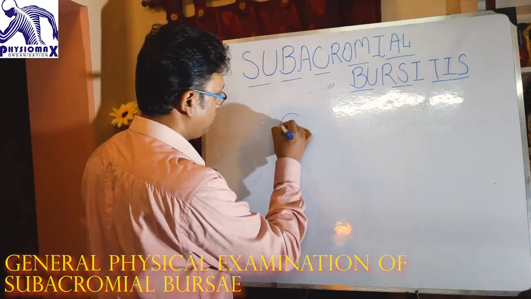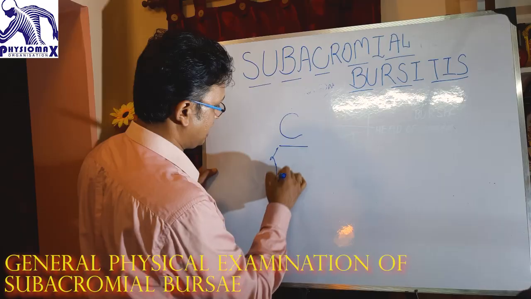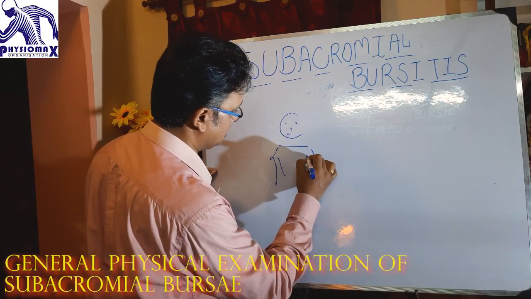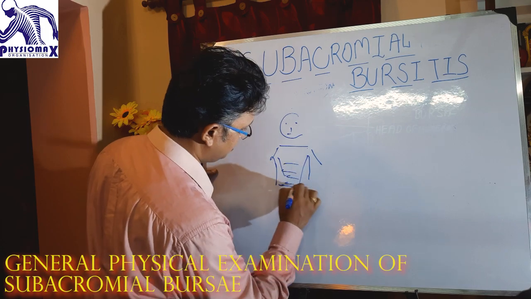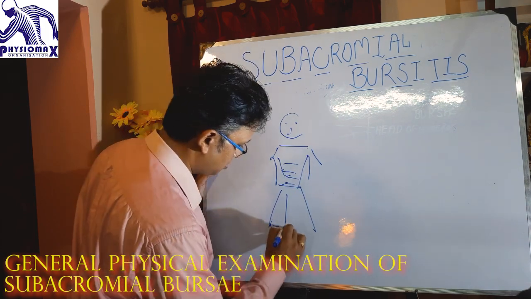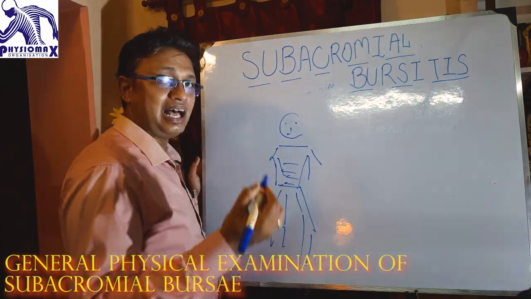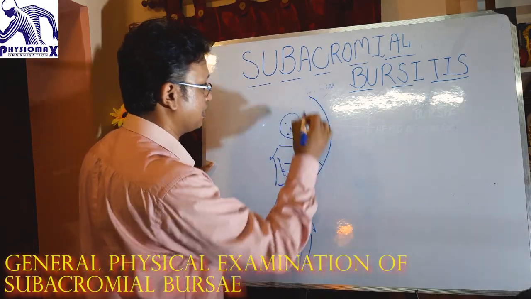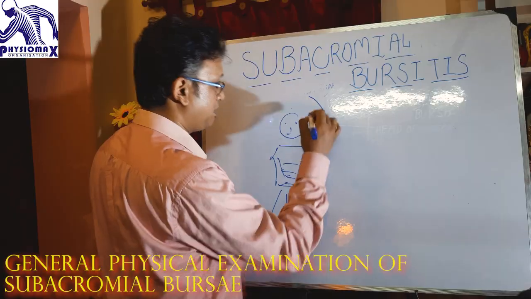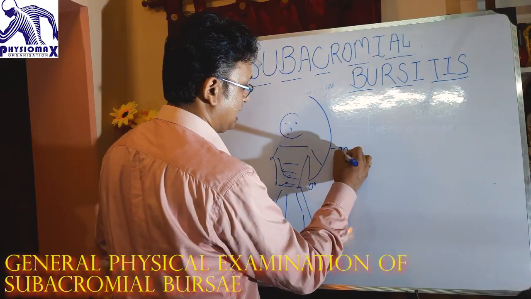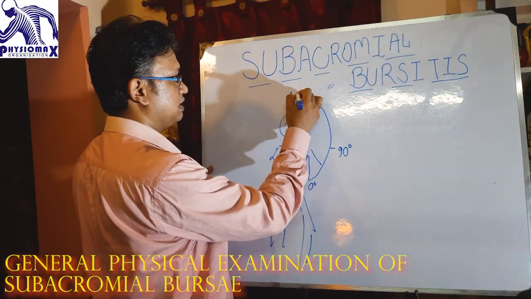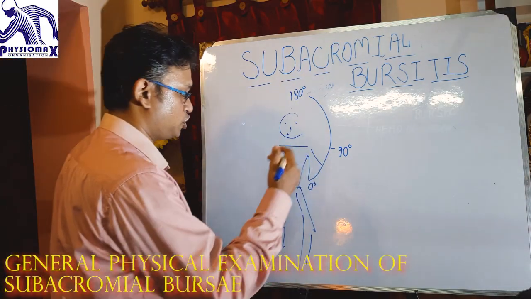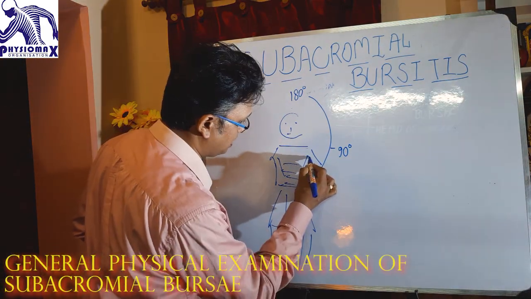To understand that, we'll make the patient stand in the anatomical position, and we will ask the patient to do an arc of 180 degrees. If I consider this as 0 degrees of abduction, this as 90 degrees of abduction, and this as 180 degrees of abduction, you ask the patient to do the abduction of the arm.